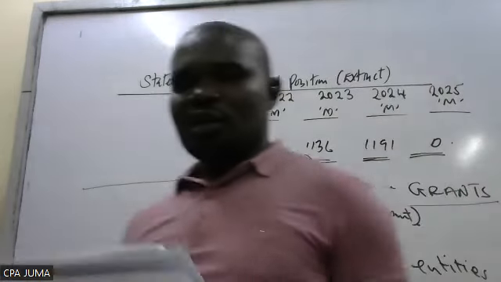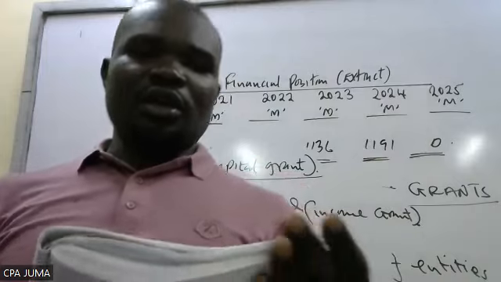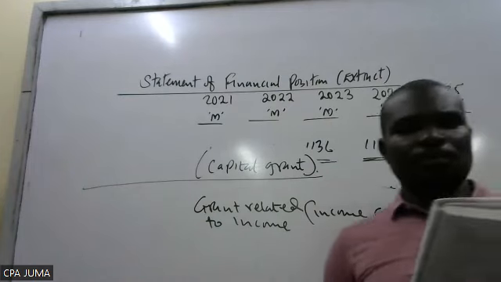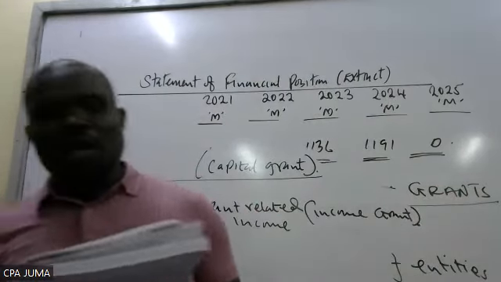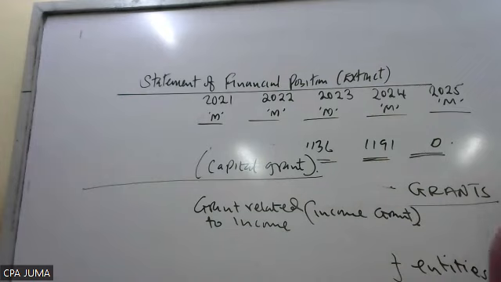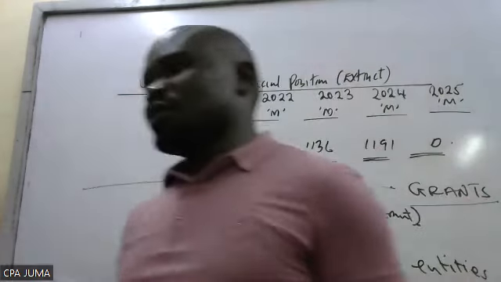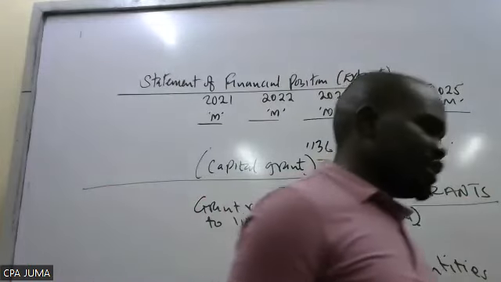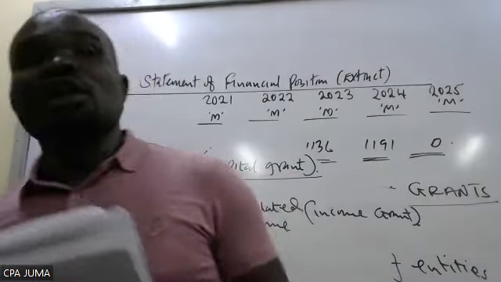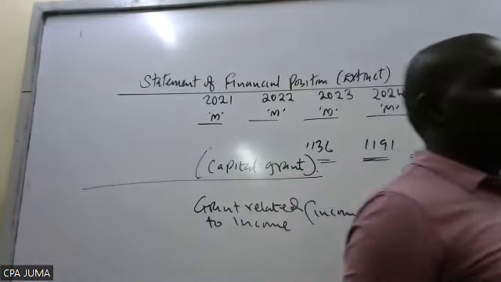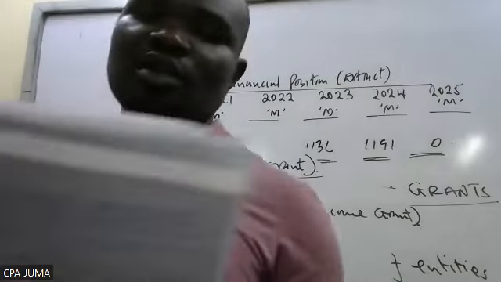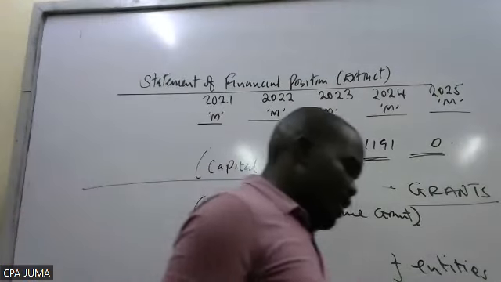So this is how it's defined: it is a government grant other than those related to assets, e.g., a revenue grant for administrative purposes.